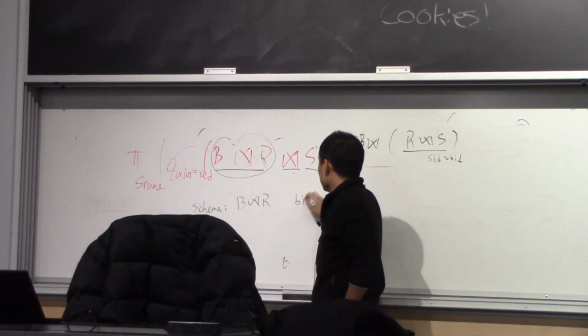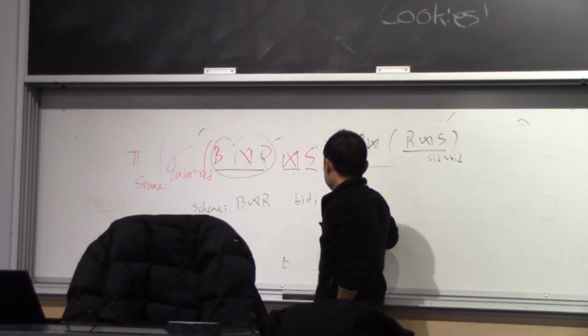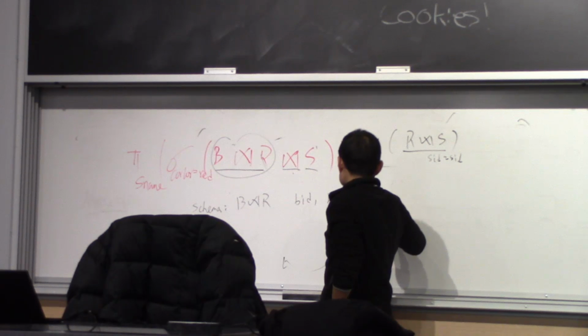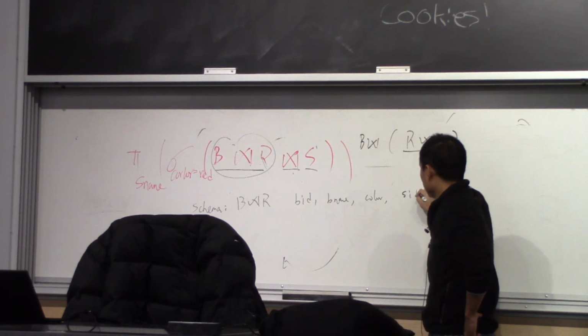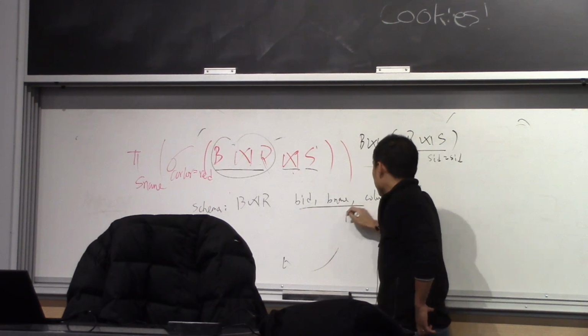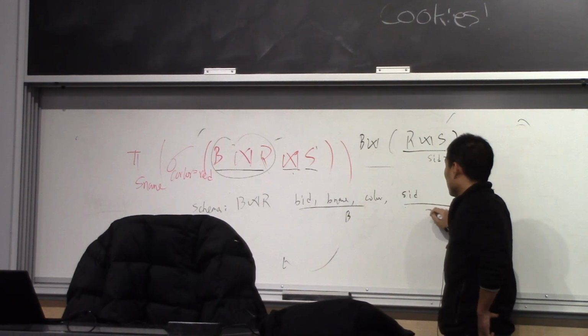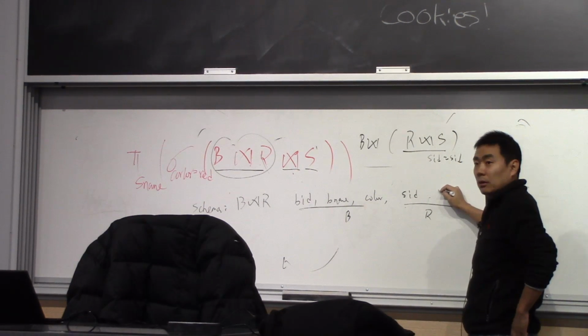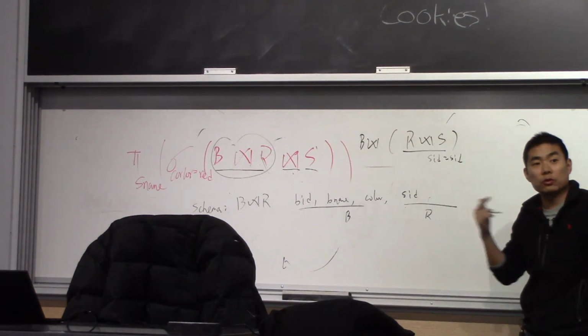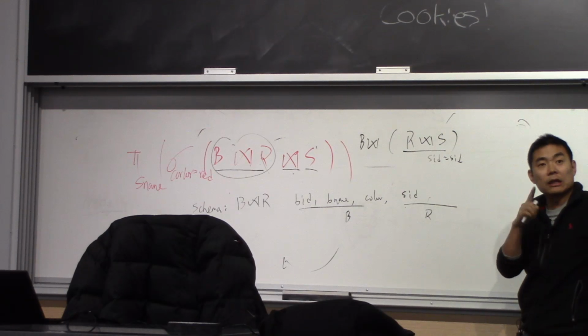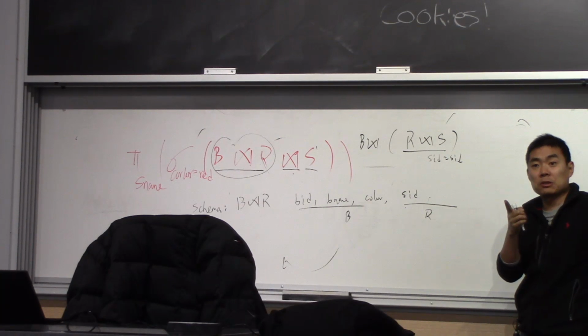Okay, let's do it. BID, boat name, color, and you obviously need CID. So these are from B, and this is from R. But you will ignore the second BID because for common attributes in natural join, you only keep one copy of the same attributes.